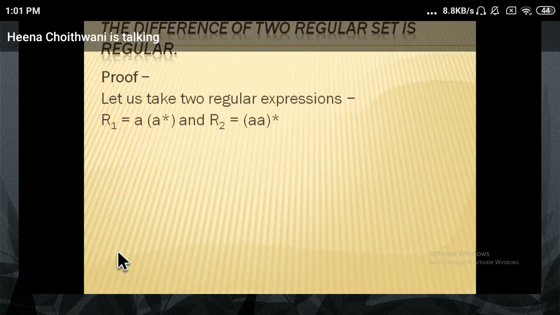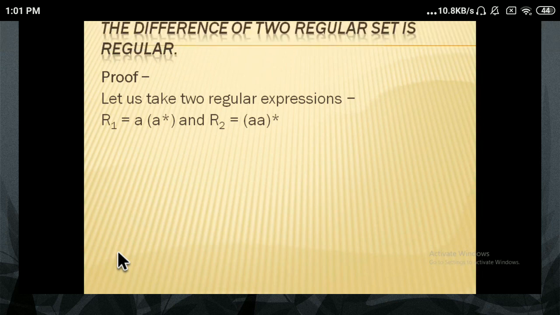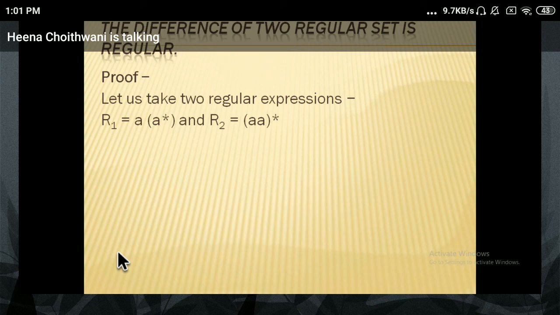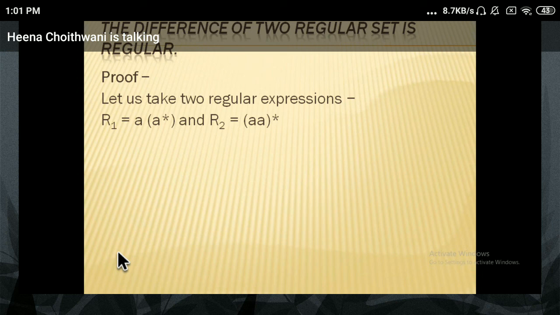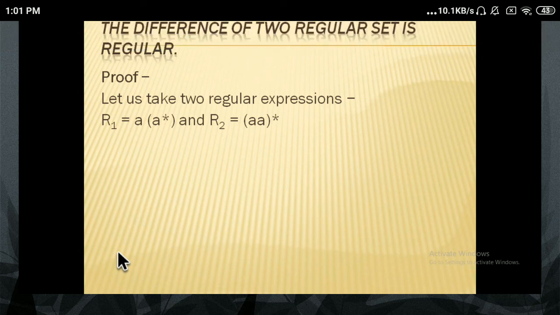R1 has all possible strings which are made up of A. R2 has all possible strings which are made up of A but even in length. What will remain in the difference of R1 and R2? All the possible strings which are odd in length, right? Do we have epsilon in the difference? Please think.